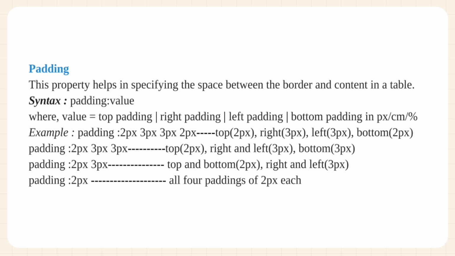Example: padding: 2px 3px 3px, top 2px, right and left 3px, bottom 3px. Padding: 2px 3px, top and bottom 2px, right and left 3px. Padding: 2px, all four paddings of 2px each.